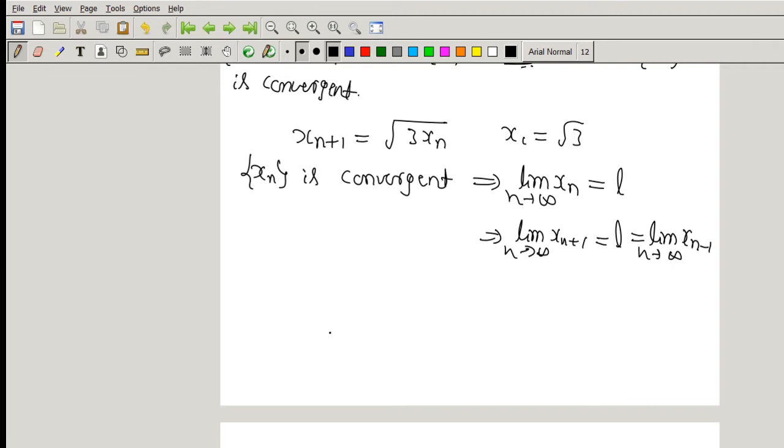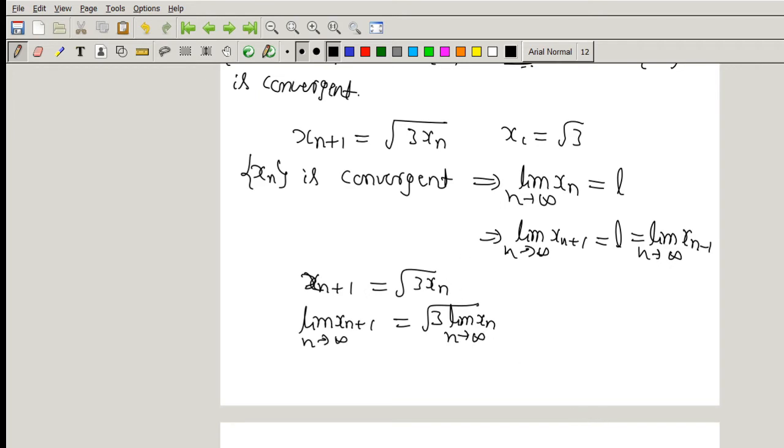So apply limit for this sequence. The sequence is x(n+1) equal to root of 3 into xn. Apply limit on both sides. Limit of x(n+1) as n tends to infinity is equal to root of 3 into limit of xn as n tends to infinity.